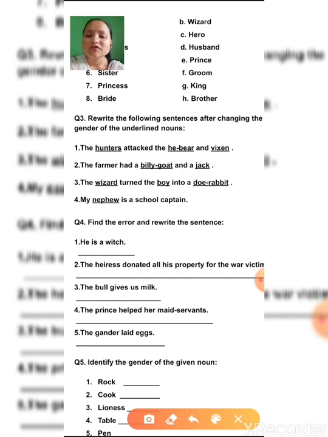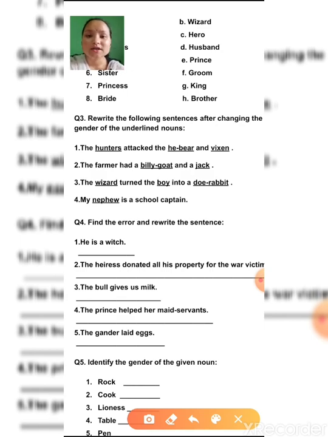Second is the farmer had a billy goat and a jack. Now billy goat is used for male goat and jack is used for male donkey. So the farmer had a nanny goat and a jenny. Third, the wizard turned the boy into a doe rabbit.